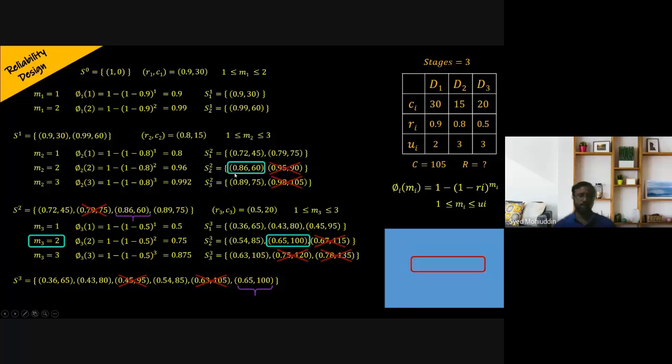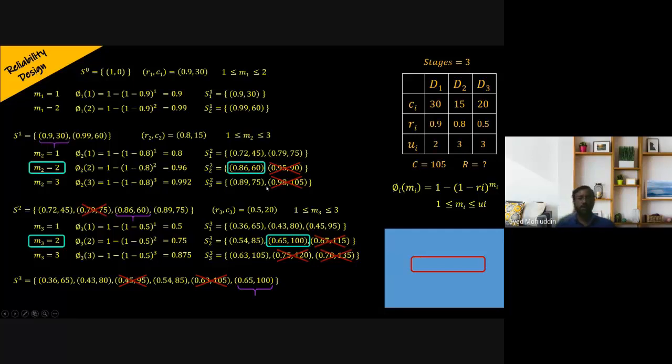That S22 means we have the result when we are using 2 D2 devices. So at stage 2, at most we can use 3 devices, but we get reliability 0.65 by using 2 devices, and that's the maximum reliability we have. Remember that.